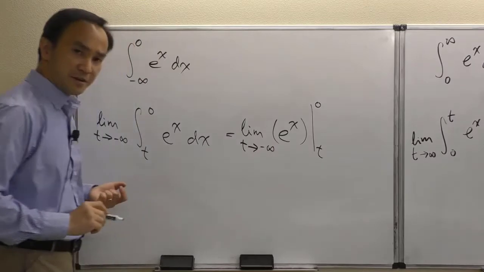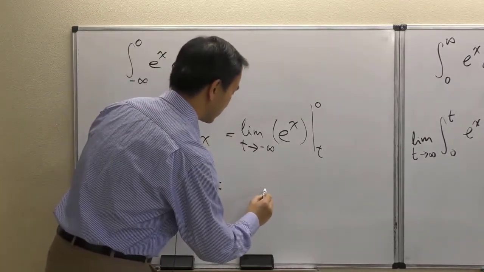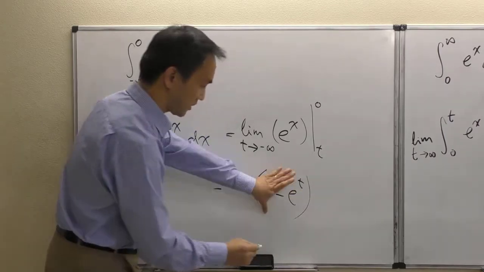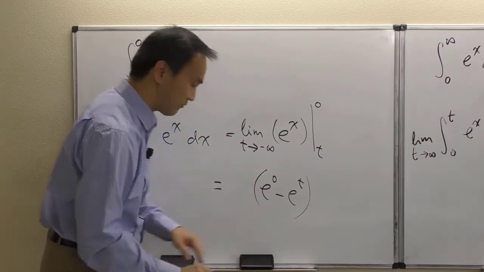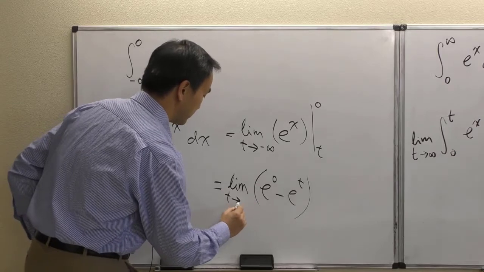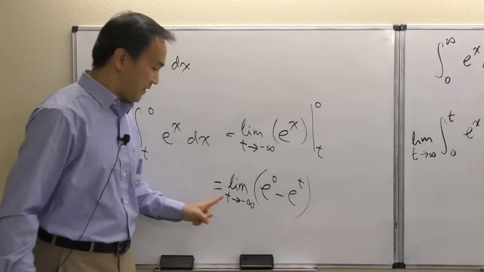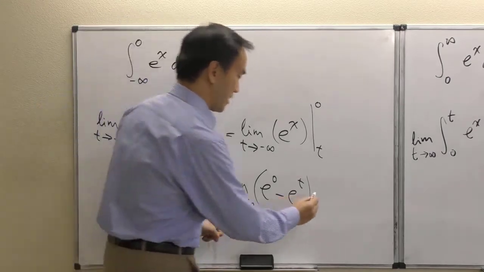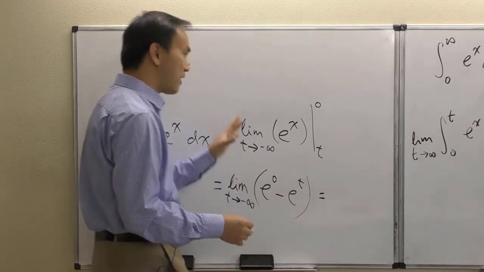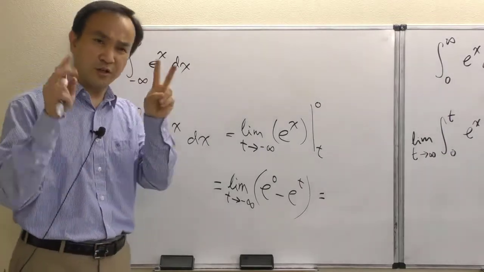negative infinity. And so in the next step, I'm looking at e to the 0 minus e to the t. And this is consequently an expression in terms of t, just like how we've seen it throughout all of our example problems previously. And now I'm taking the limits as allowing t to grow to negative infinity. In case anyone starts out with considering this improper integral first, because remember, we need to consider two separate ones.